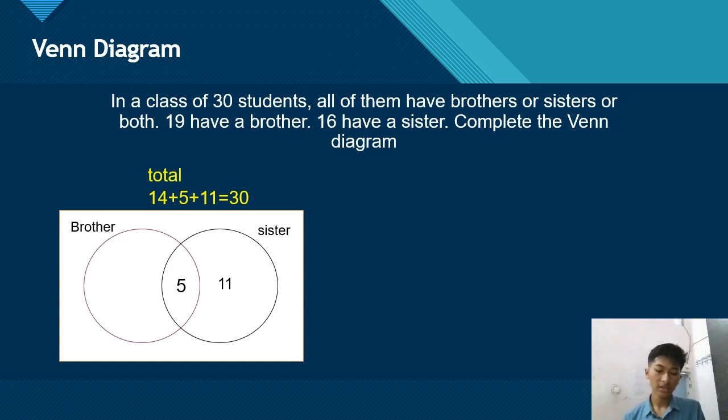So what is the implication of this? This must mean that some have both a brother and a sister.